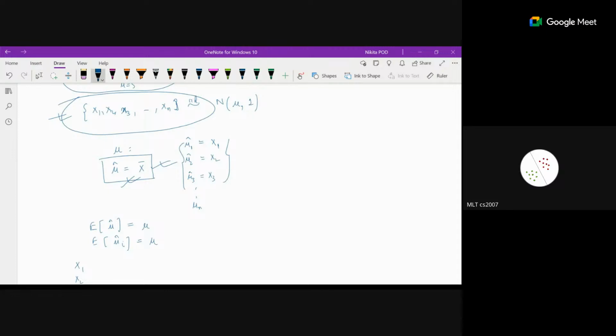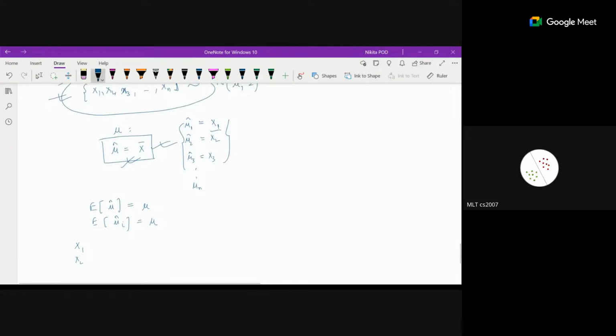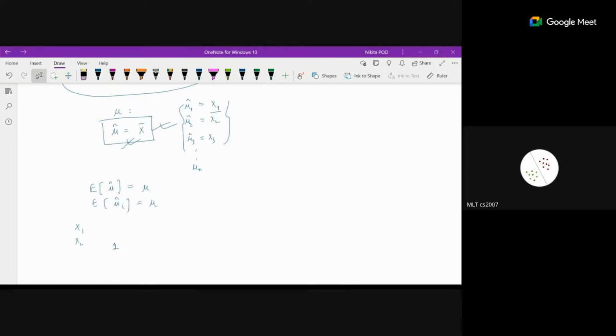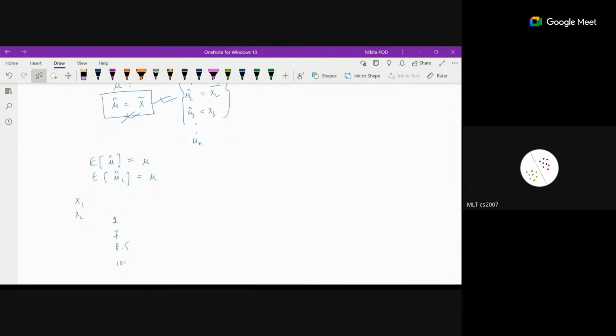That is with respect to the sample you observe. Now, if I observe some different sample, I'm going to get a different x1, right? Maybe at some time I can have my x1 as 1, some other time I can have my x1 as 7 or 8.5 or 100. Anything can happen in my x1. So the variability that you will see here is going to be quite large, right?